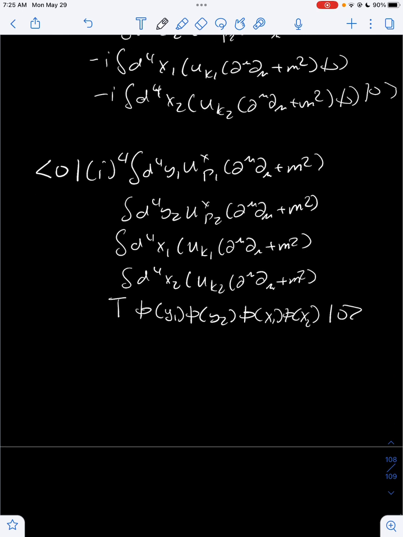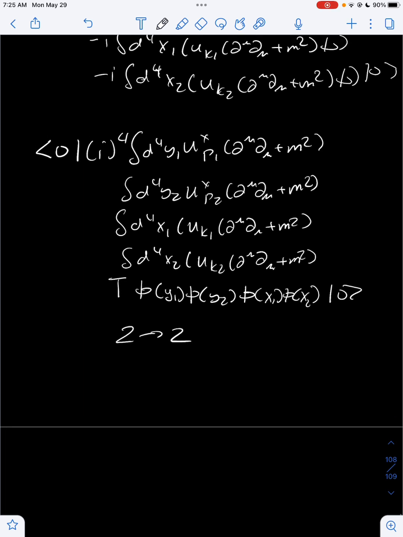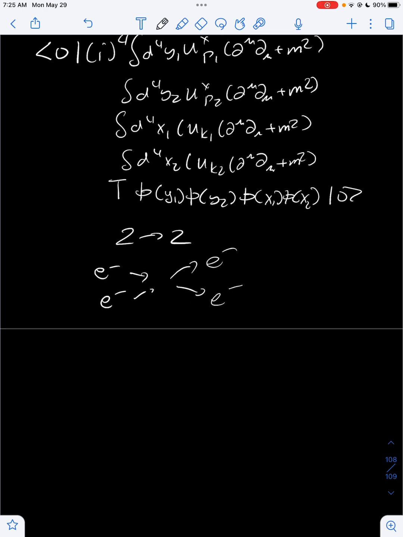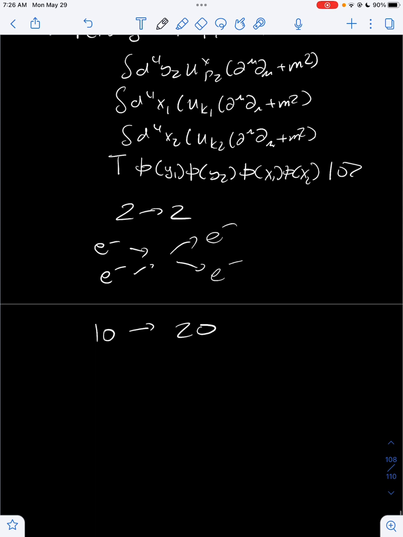What we considered in this video was what we call 2-to-2 scattering. Two electrons, really scalar particles. Two scalar particles come in, and two scalar particles come out. We just use the electron as an example of a fake scalar particle, but we could have things like 10-to-20 scattering, where 10 particles come in and 20 particles come out, each with different momentum, different masses, and so on.